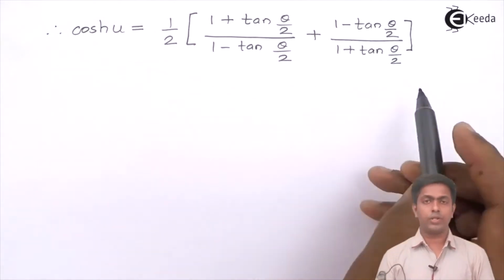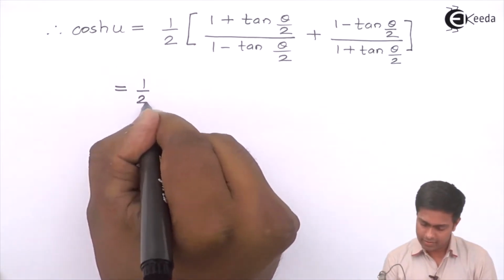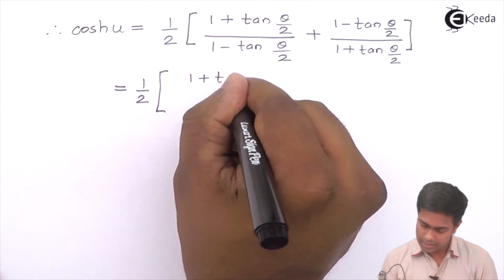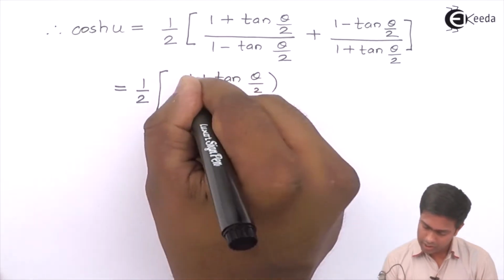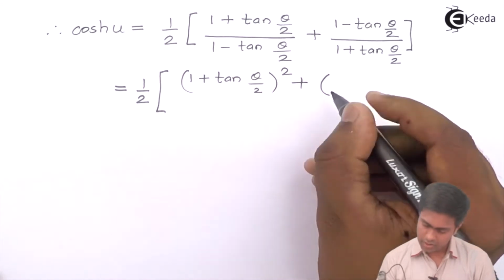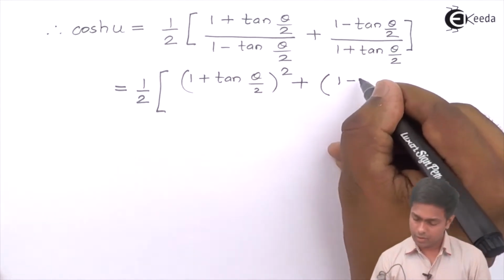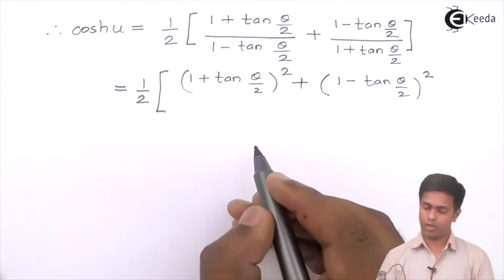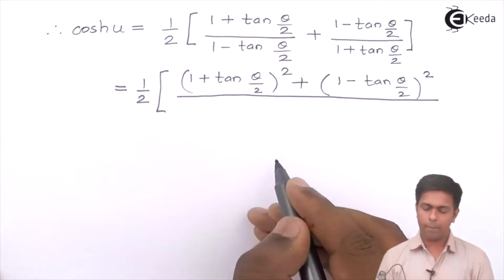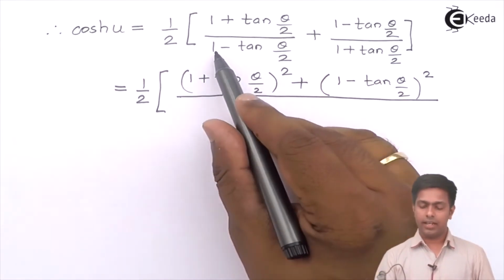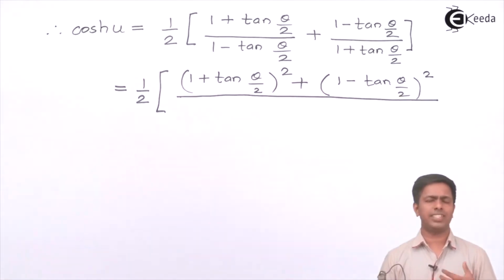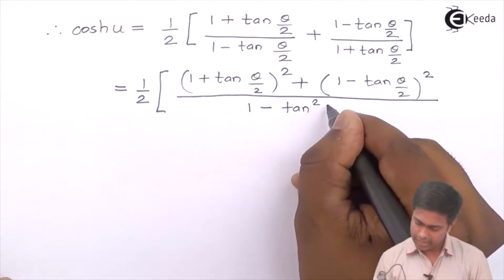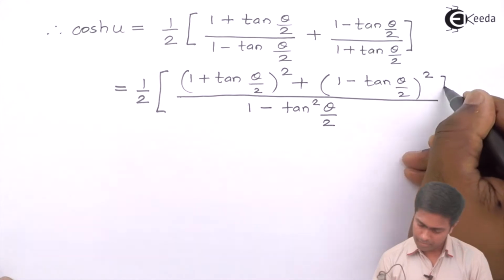After this we'll do the LCM over here. So half as it is. If we multiply these two terms, we will get 1 plus tan theta by 2 the whole square, plus if we multiply these two terms, we'll get 1 minus tan theta by 2 the whole square, upon, if we multiply these two terms, it is a minus b into a plus b form, which is a square minus b square, which is nothing but 1 minus tan square theta by 2.